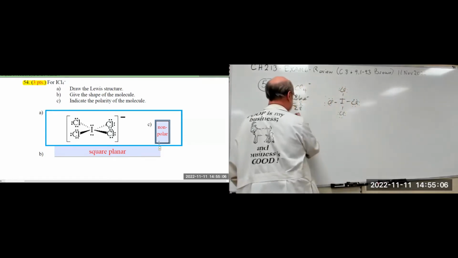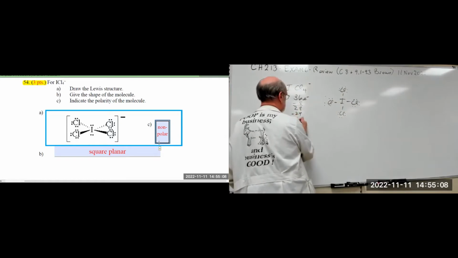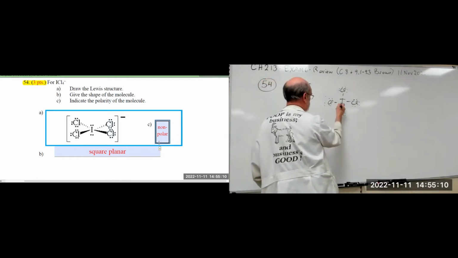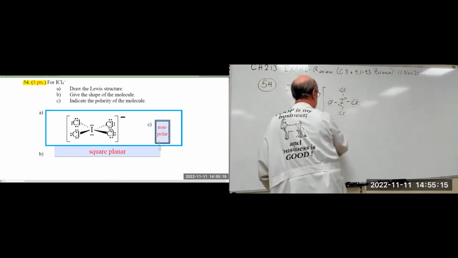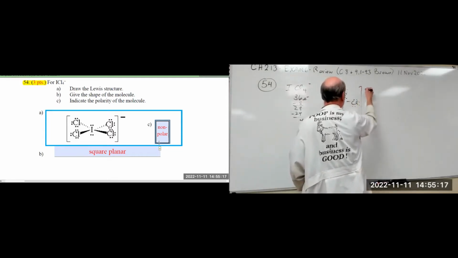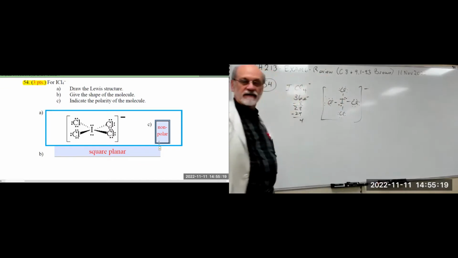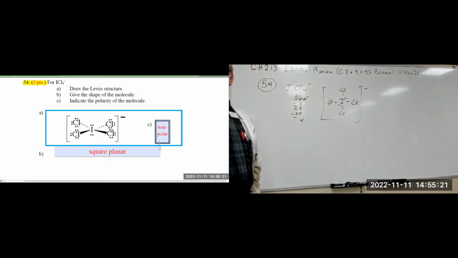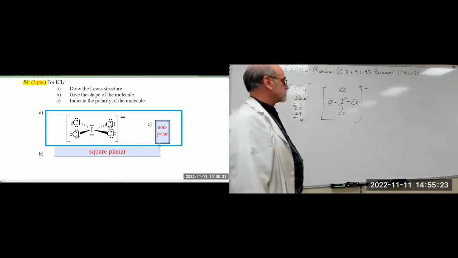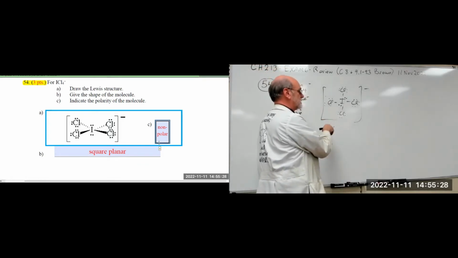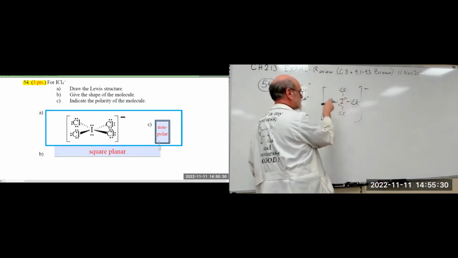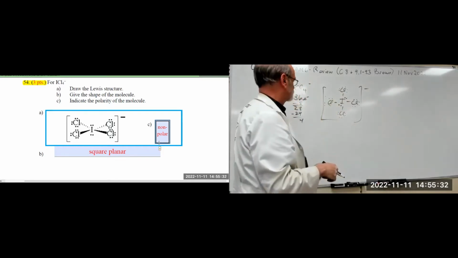Right, that's 4 times 6 is 24. And that's 4 left over. Got 2 there, 2 there. And the Lewis dot structure is not complete until you do that. If you don't put that charge over the brackets, then it's not valid because it doesn't have enough electrons to justify that arrangement.